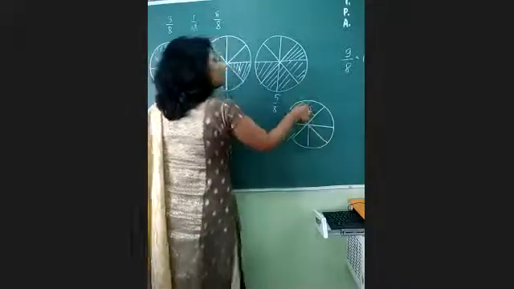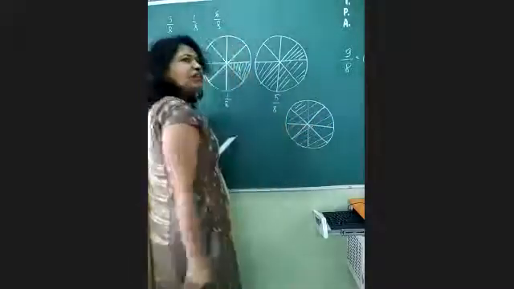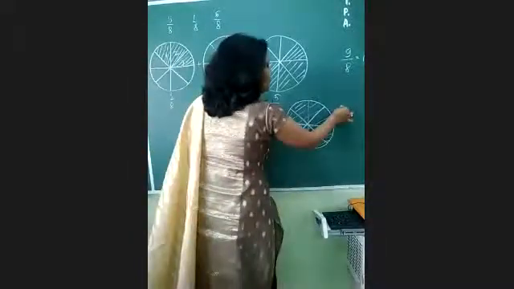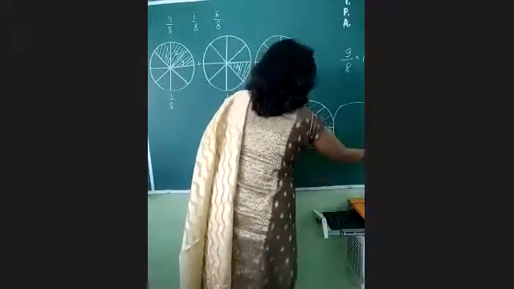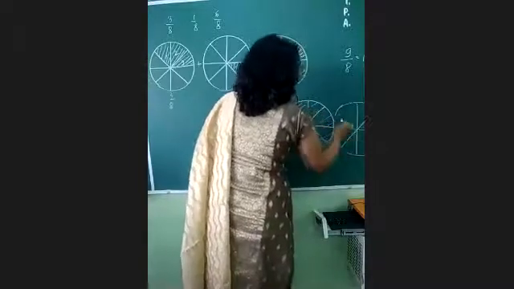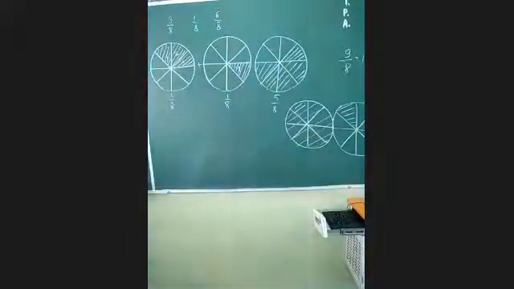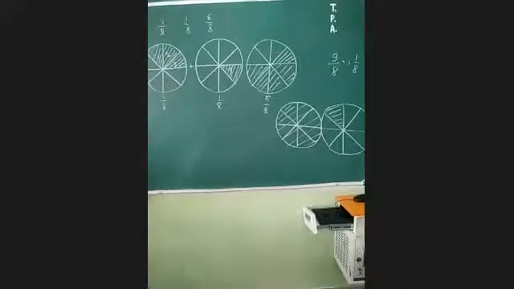This total whole one part will be shaded, and we'll draw one more on which one more part is shaded. It means the answer would be 1 whole 1/8 which is shaded in this one.